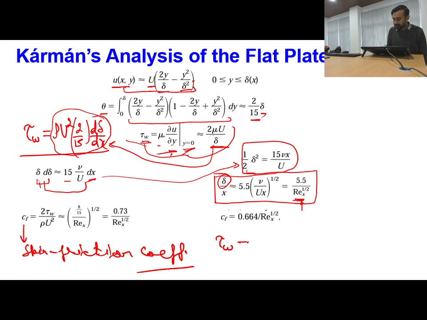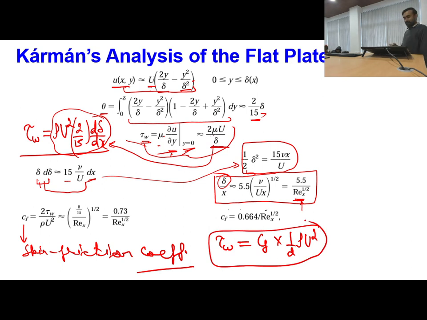Wall shear stress can be written as skin friction coefficient times half rho u square. This is the fundamental definition of wall shear stress in terms of skin friction coefficient.